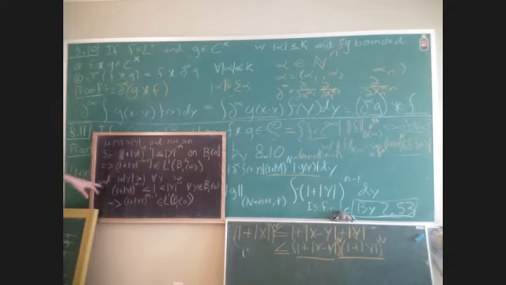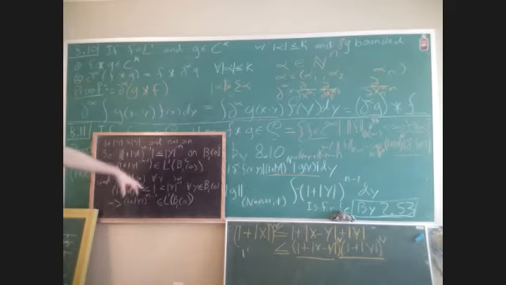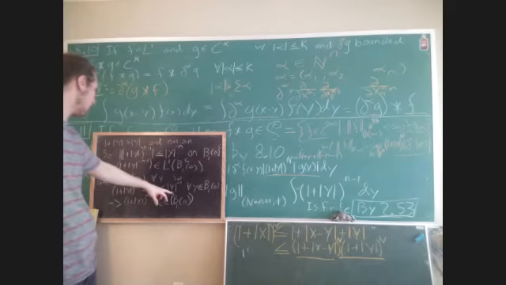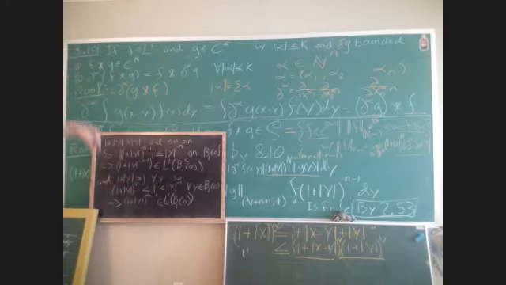Then, to show that it's also L1 inside the unit ball, what we have to show is that the function is less than a constant times the variable to a number smaller than the dimension.